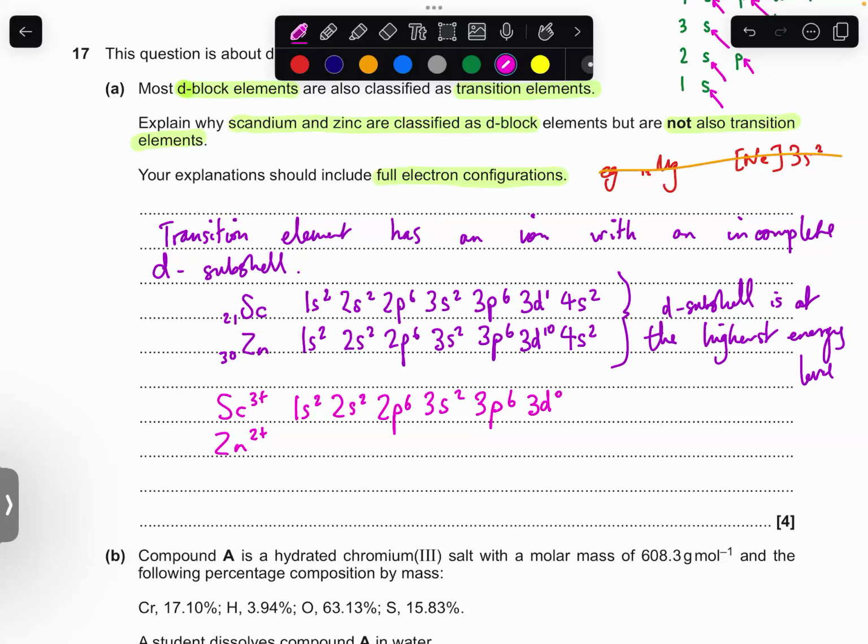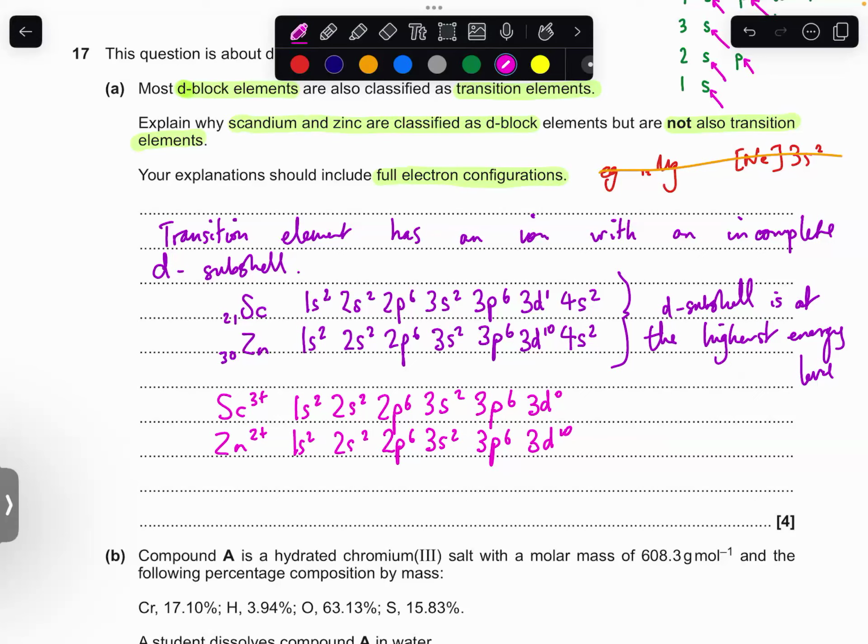Zinc, the 4s is lost, and the 3d subshell has 10 electrons.